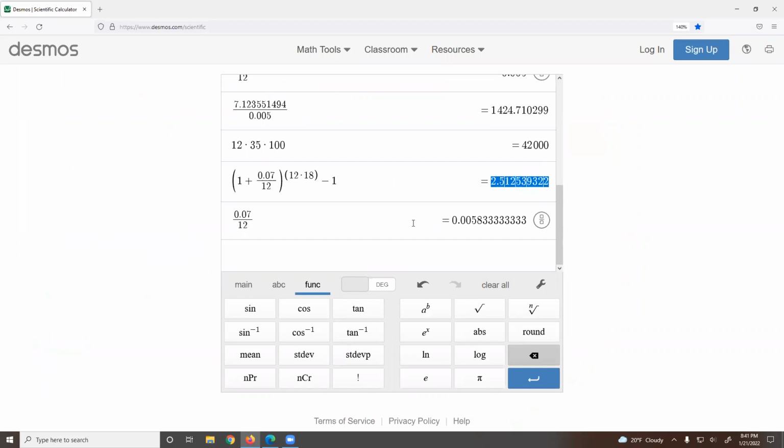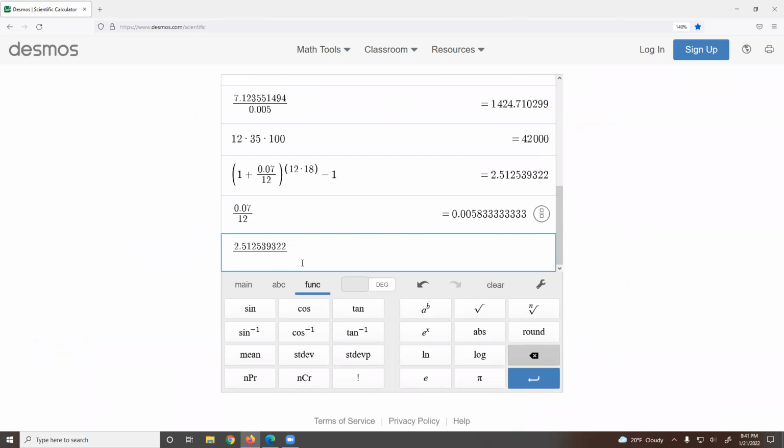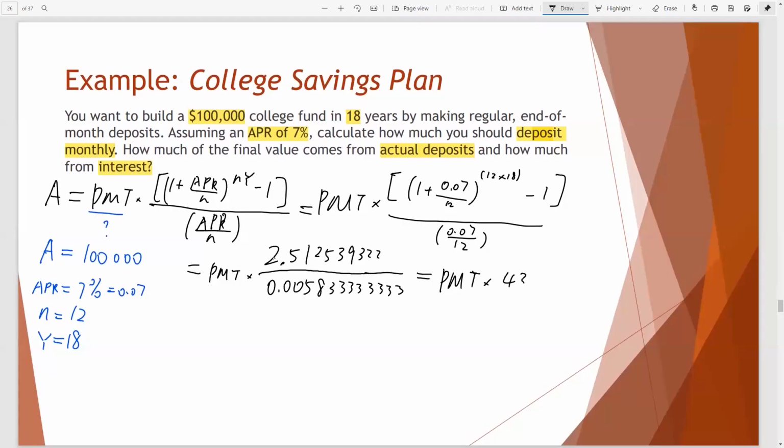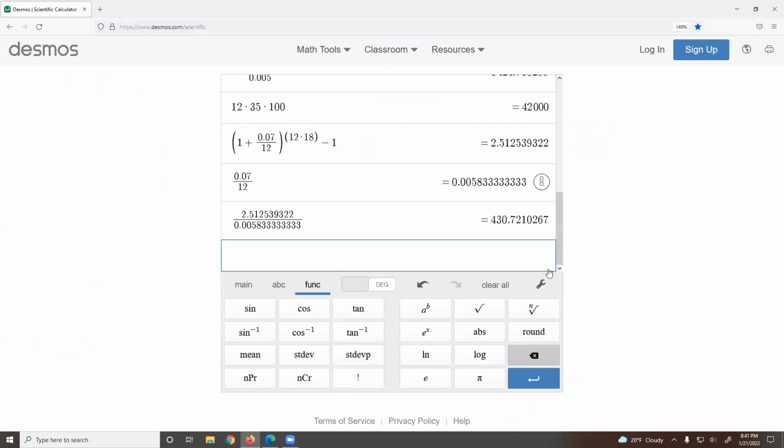Right, 2 point divided by also this number, right? Ooh, we get 430.717210267.